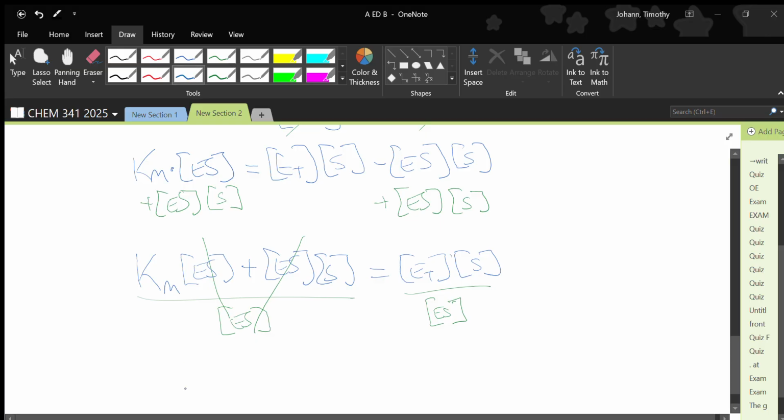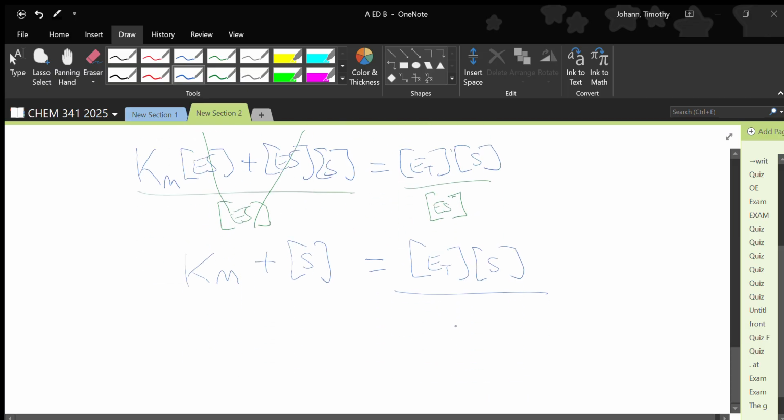And now I have Km plus substrate is equal to enzyme total times substrate over enzyme substrate. Let me see if we are finally at the point. Yep.